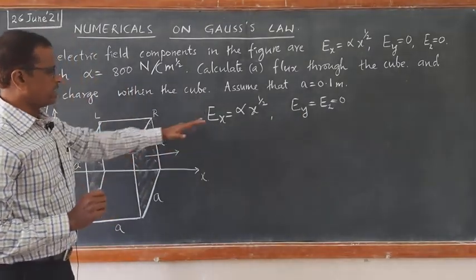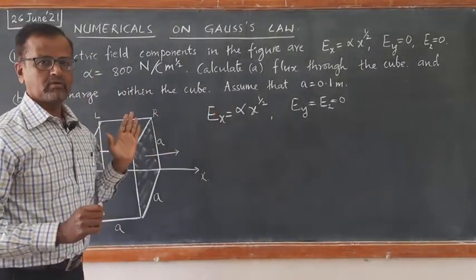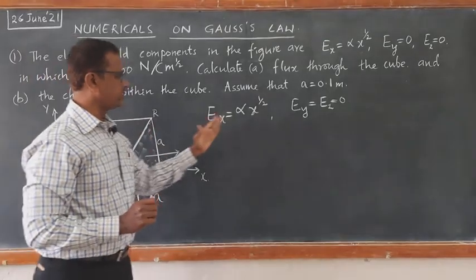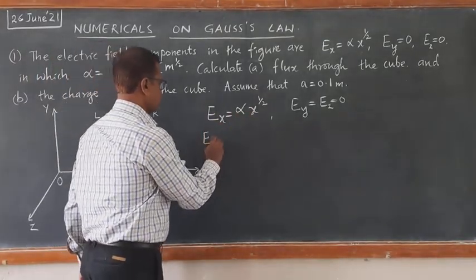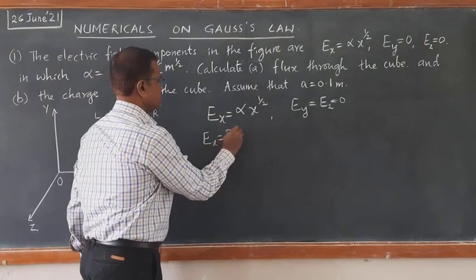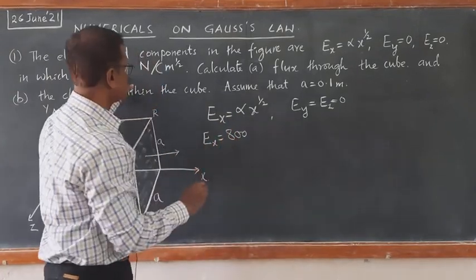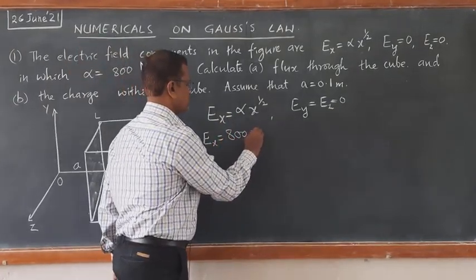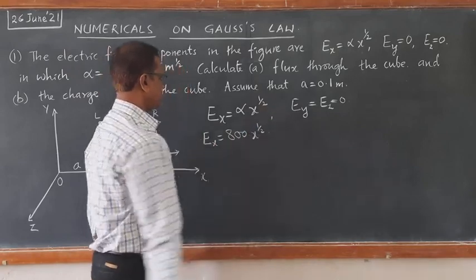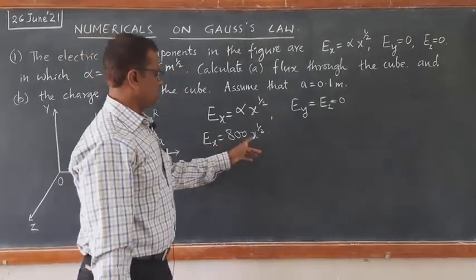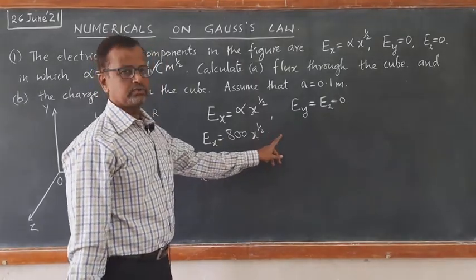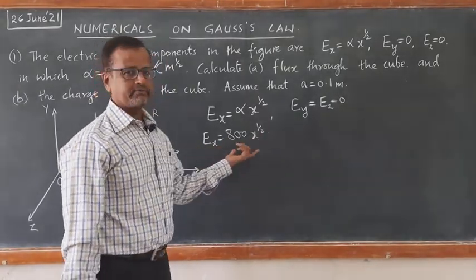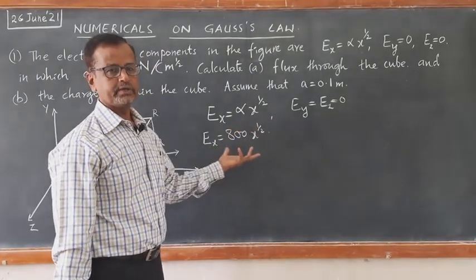And that too Ex is not constant, it is varying with respect to x. The alpha value is given. So, I can write Ex is equal to 800 x raised to half. As you go on substituting the value of x equal to 1, x equal to 2 and so on, the value of the electric field goes on increasing.